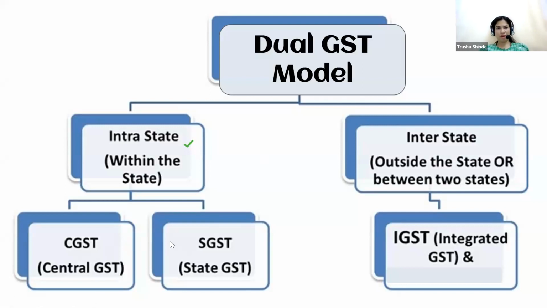And if it comes under interstate supplies, like Mumbai to Delhi, then the whole 10% charge is borne by IGST. I mean to say, the collection has been done by the IGST, and IGST has been charged to them. Moving on further.